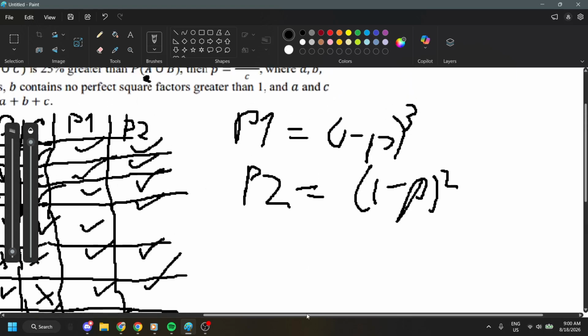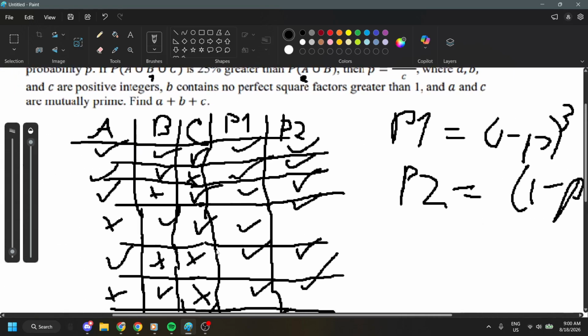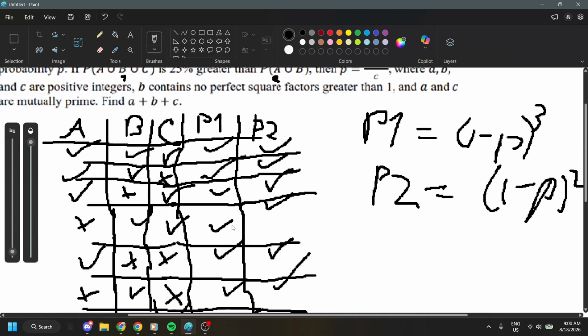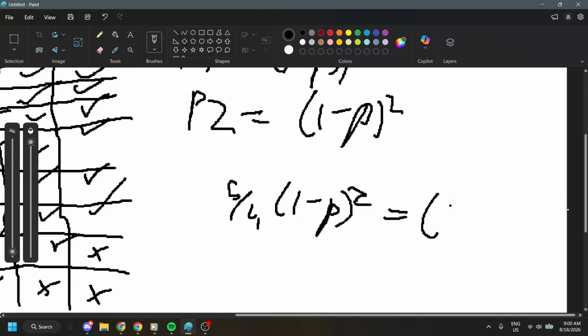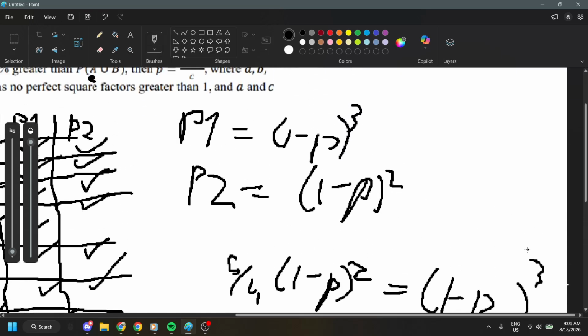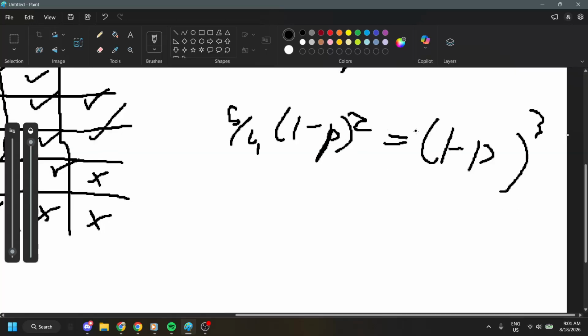So 5/4 times 1 minus p squared is equal to 1 minus p cubed, divided by 1 minus p. This gets divided out, this goes to 1. So 5/4 is equal to 1 minus p.